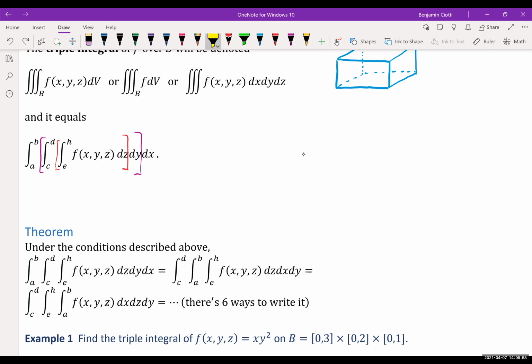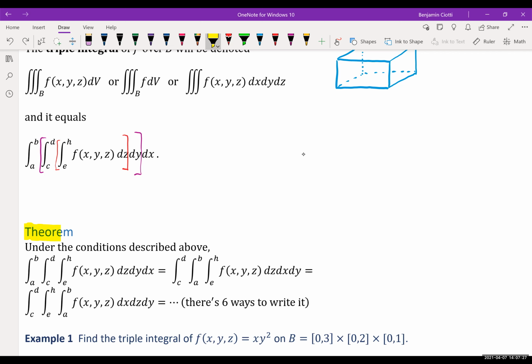Anyone know? It has to do with partial derivatives. Rob? If you take the partial with respect to x and then with respect to y, it's the same as taking the partial with respect to y and then with x. Yeah, the so-called equality of mixed partials is a famous, useful fact from 20C. And yeah, this is just the integral version of that fact.